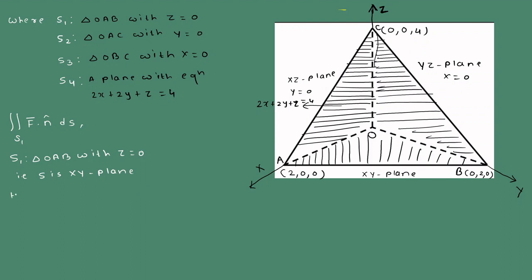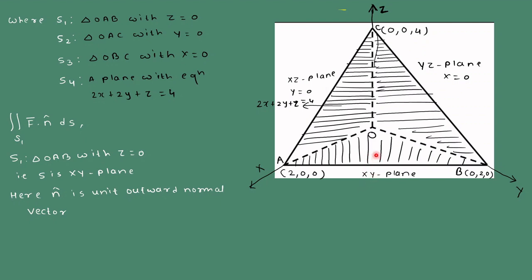So here n cap is the unit outward normal vector by default. If the question doesn't mention inward or outward, you have to assume it is outward. Now S1 is the xy plane, so we have to take the normal vector in the outward direction.